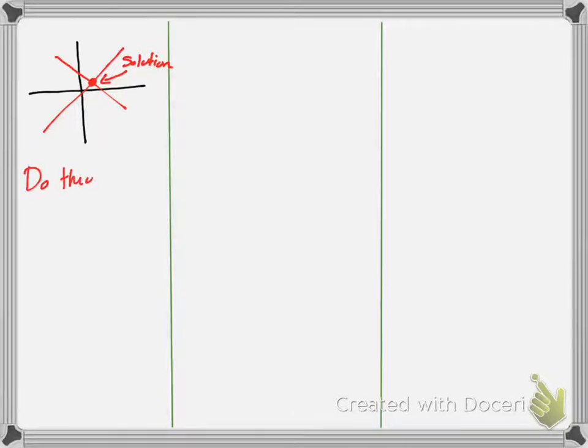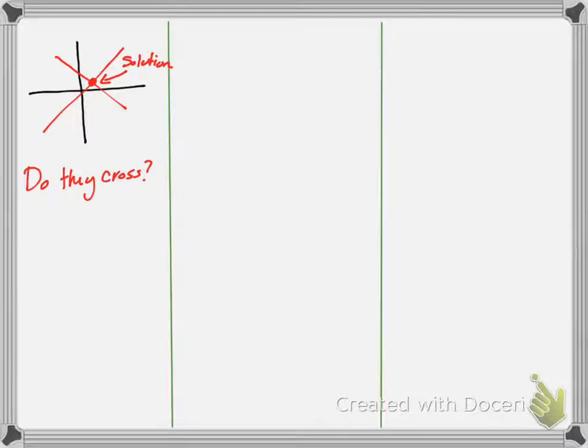Okay, so let's go ahead and look at some of the different types of solutions. So we talked a lot about graphing these systems, and we only talked about this one right here where we have a graph and then our two lines, they intersect right here for our solution. Do they cross in this? Yes, they do.